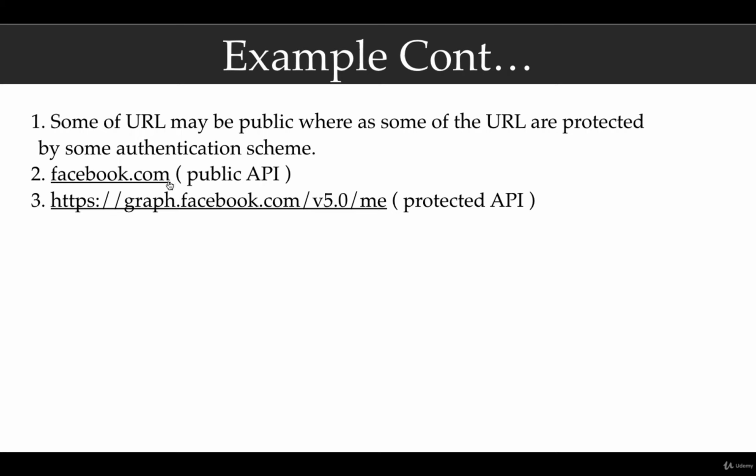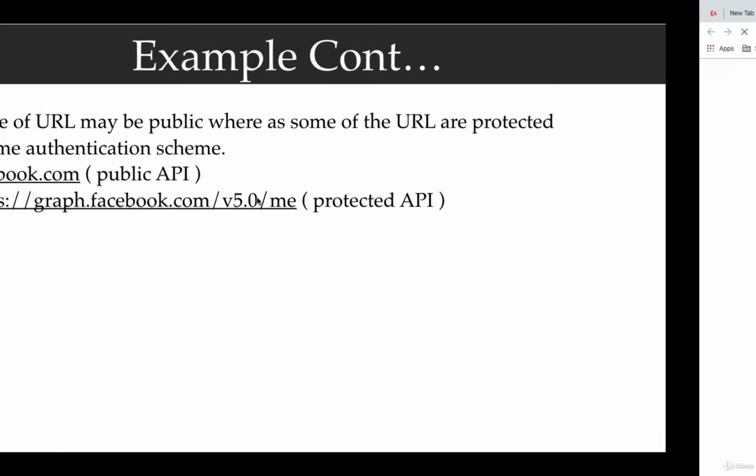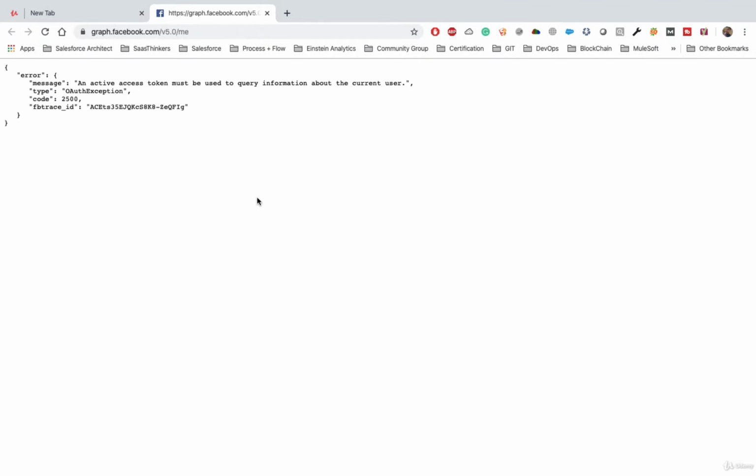But let's try to hit this Graph API, which is of Facebook. Now if we want to get the data of Facebook for any user, or for one of our friends, how can we get it, because we are not authorized to get the data? For that we have some authentication APIs.